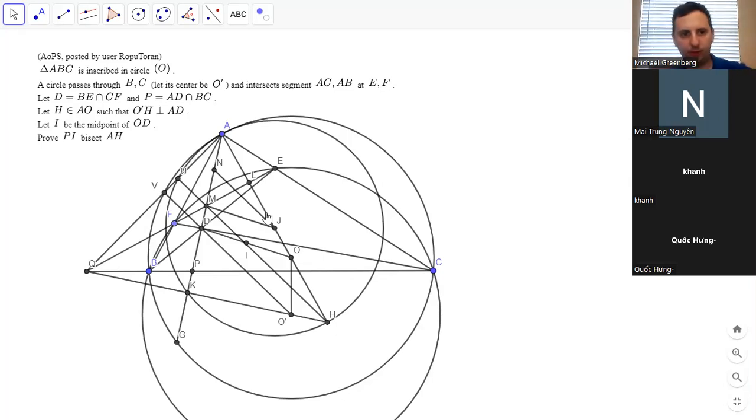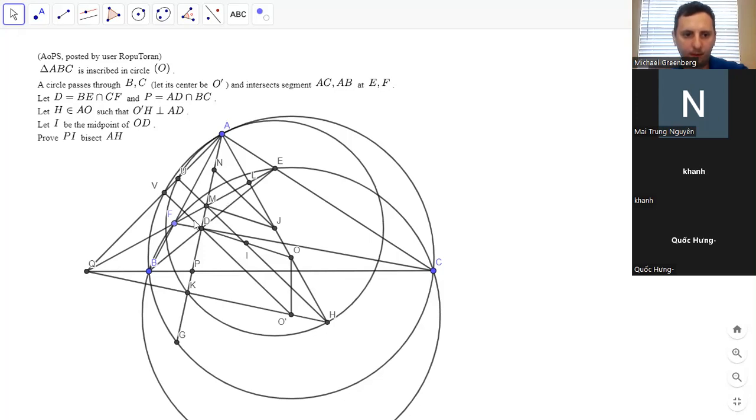But how did we show, let's see. Did we prove everything? So I guess for this solution we don't need point Q, right? Or maybe we still should have it. I think we use it for Brocard, so let's keep it.